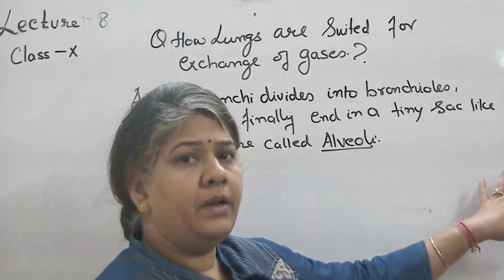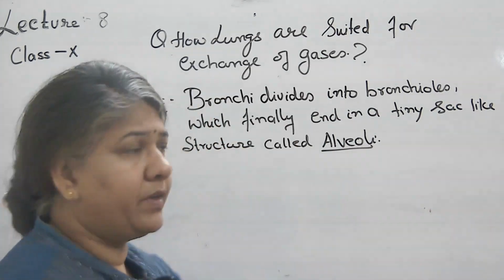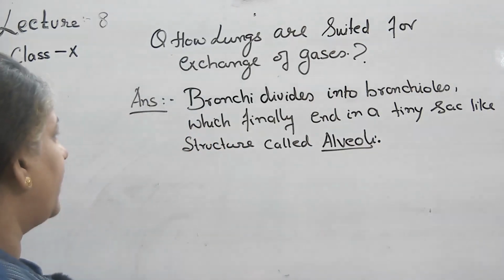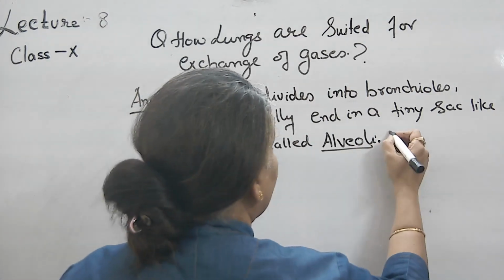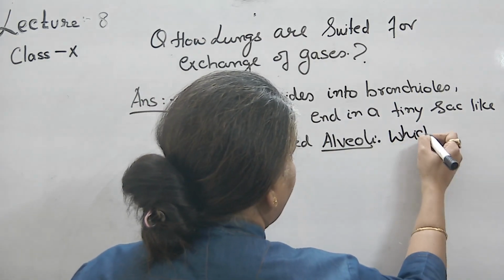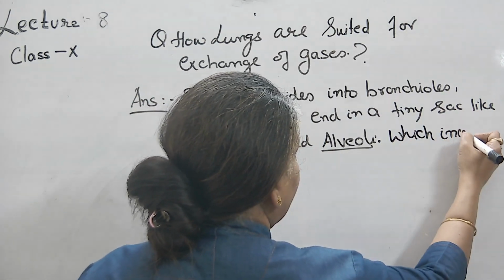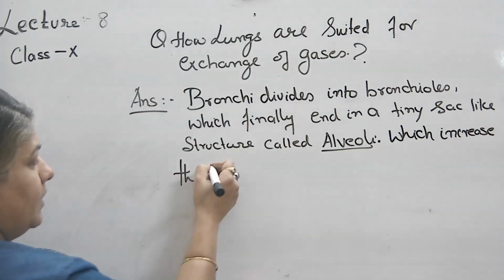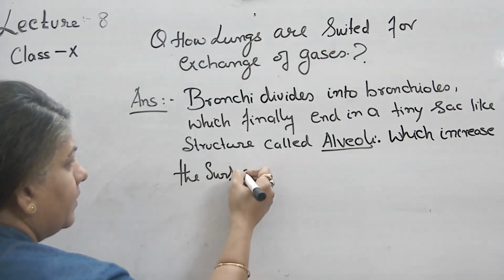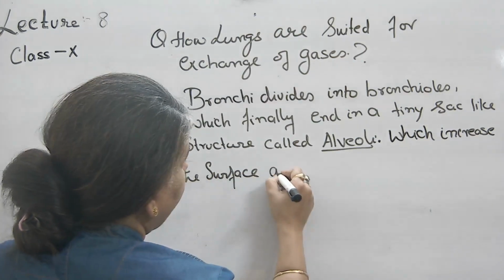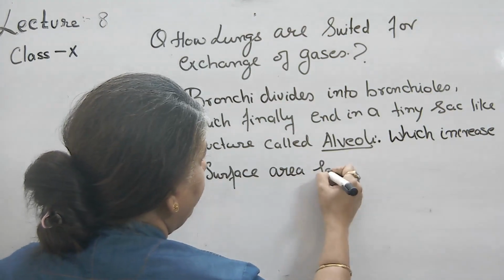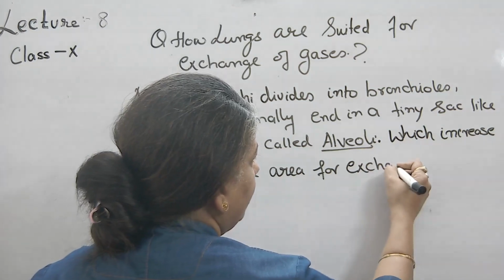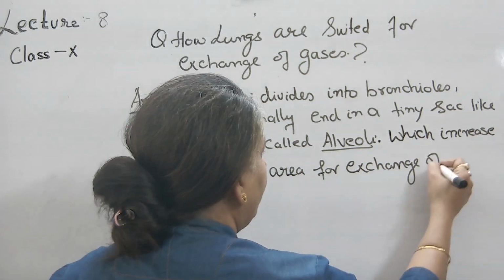Millions of these sac-like structures are present. So alveoli increase the surface area for exchange of gases.